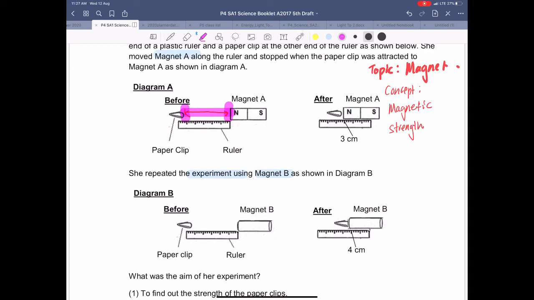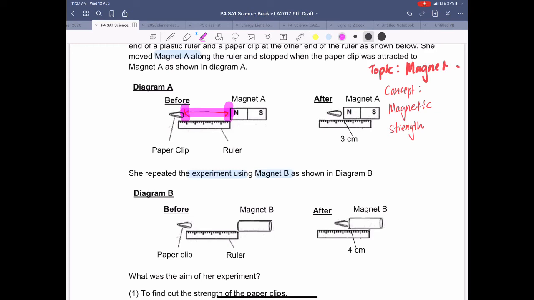Because it means that the magnet can be at a further range from the paper clip. If it's not a very strong magnet, you will need to go very close to the magnetic object before it will attract the object.